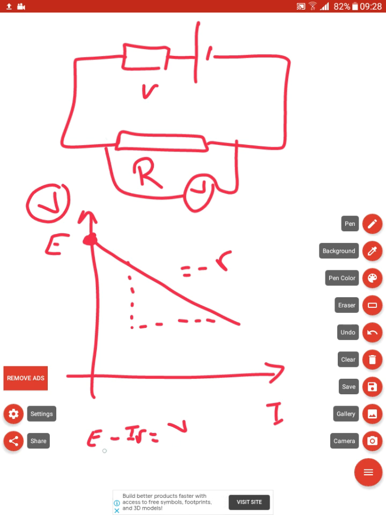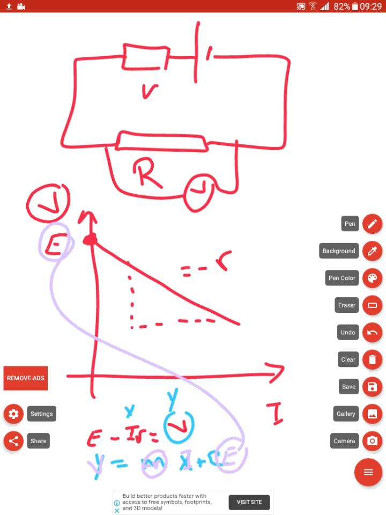Now, we can take the relation like this. I is on the x-axis and V on the y-axis. If we rewrite this like y equals mx plus c, y is the voltage, m is negative R, x is the current, and the y-intercept is the electromotive force.